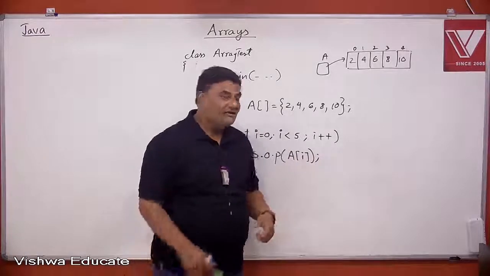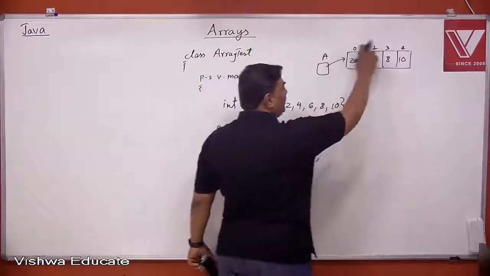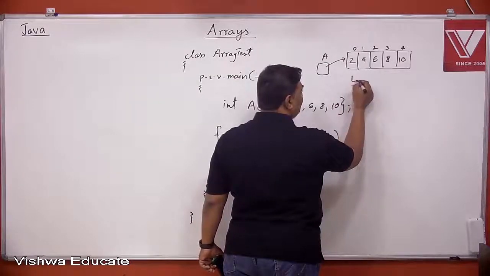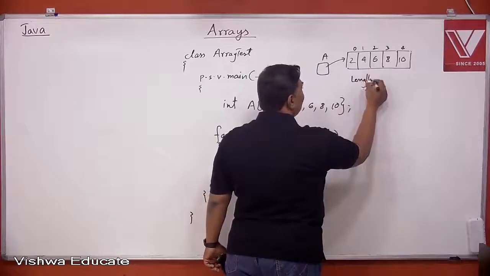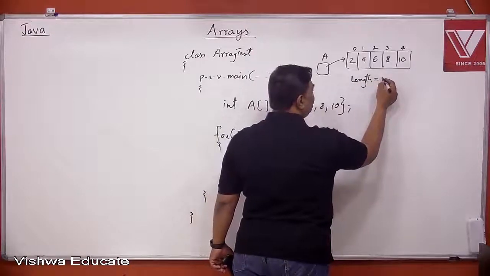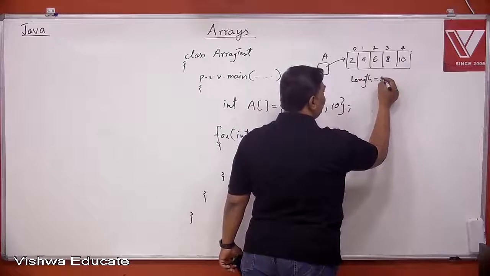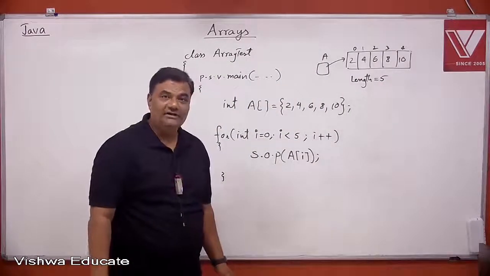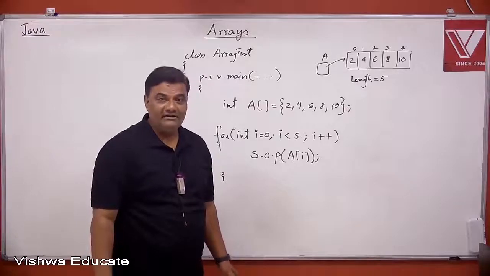But in Java, an array is an object. So it has one property called length. Every array has a property called length, and the length of this one is 5. Length is 5, meaning 0 to 4, total 5. So every array object has a property length.